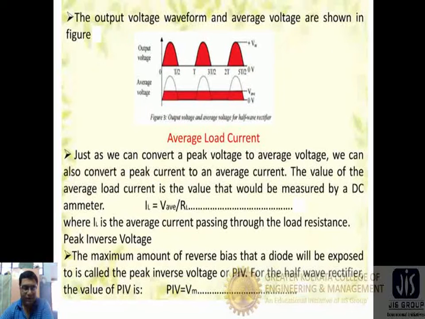For a half wave rectifier, the PIV is Vm. The maximum reverse voltage experienced by the diode is called the peak inverse voltage.